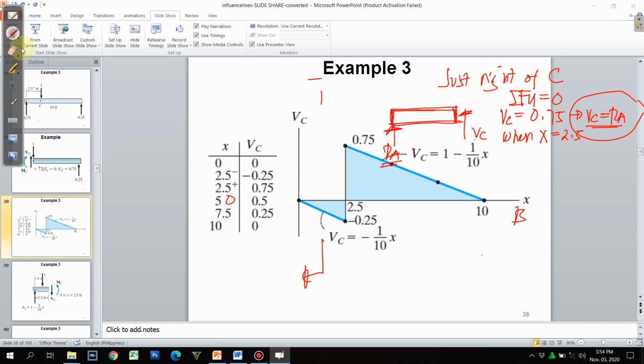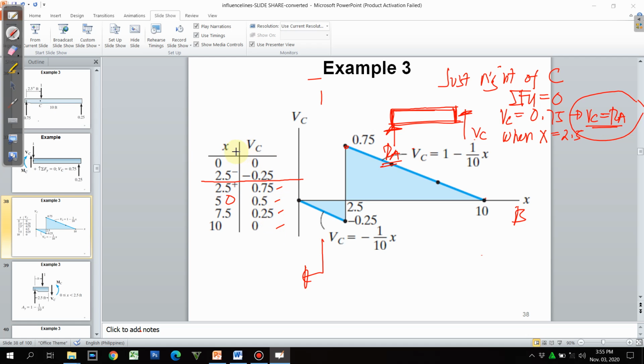If you notice, just right of C, here's the transition, from here up to that point, it is decreasing in value: 0.75, 0.5, 0.25, until it yields 0.